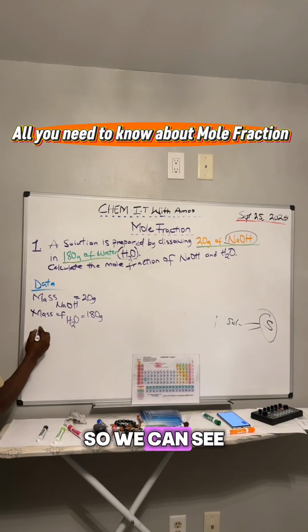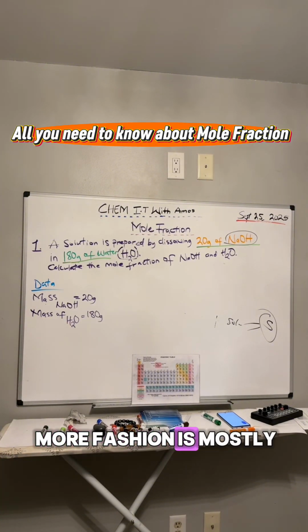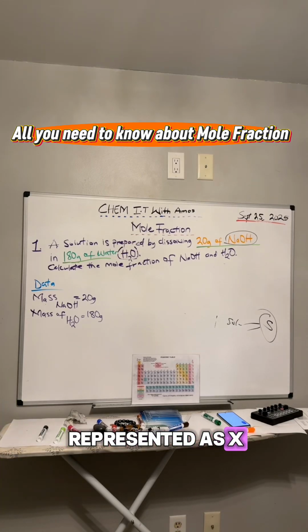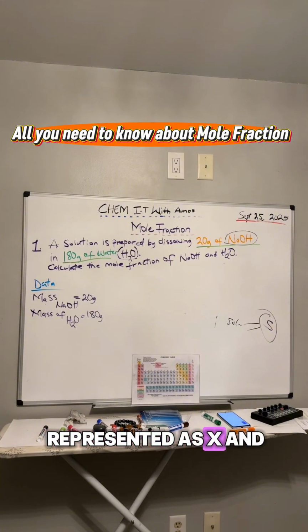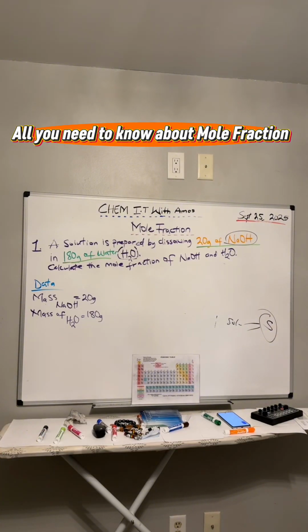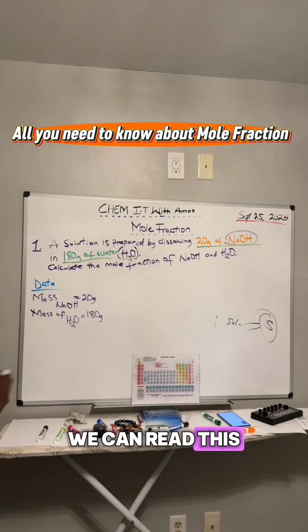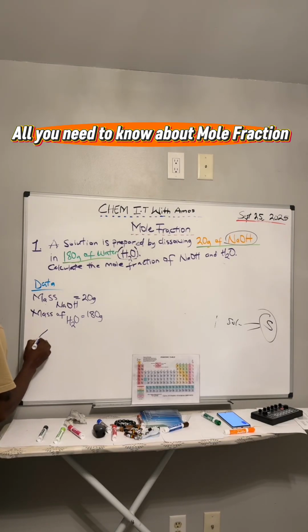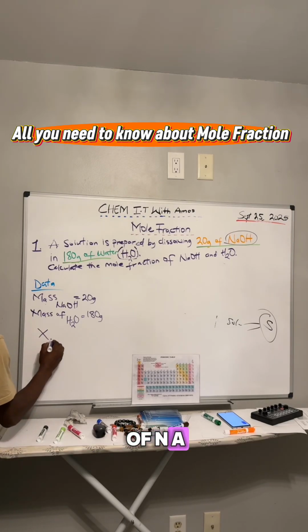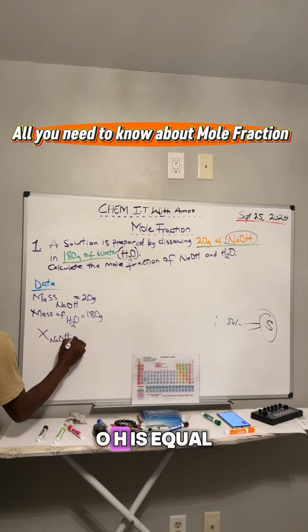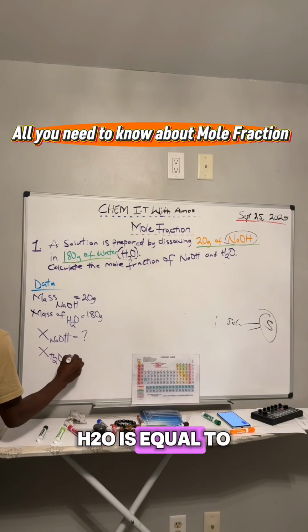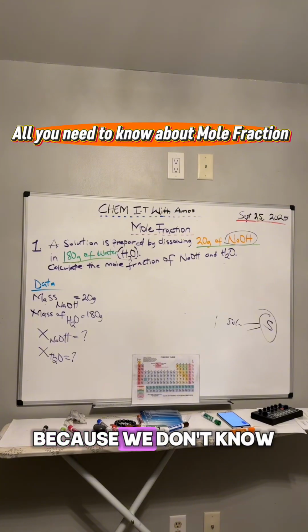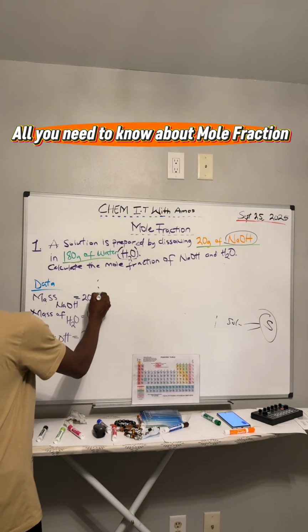No. Mole fraction is mostly represented as X. We can write the mole fraction of NaOH is equal to question mark, and the mole fraction of H2O is equal to question mark, because we don't know them.